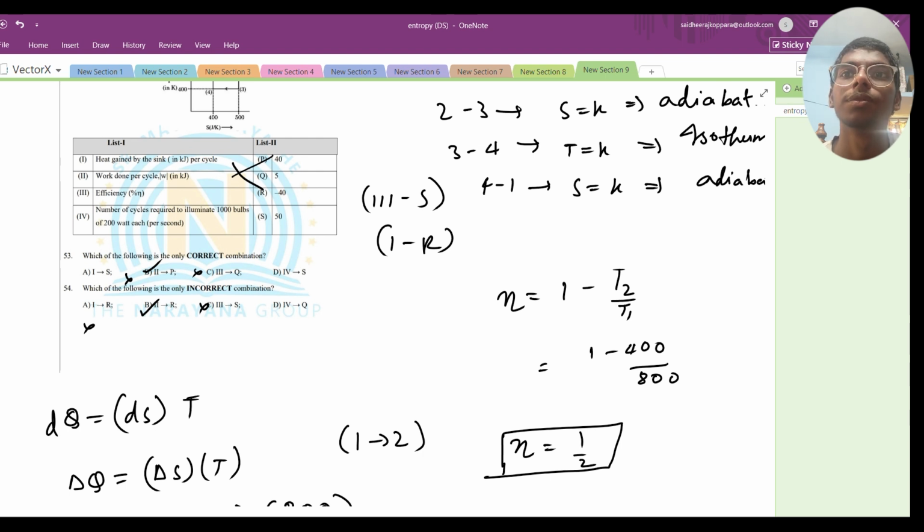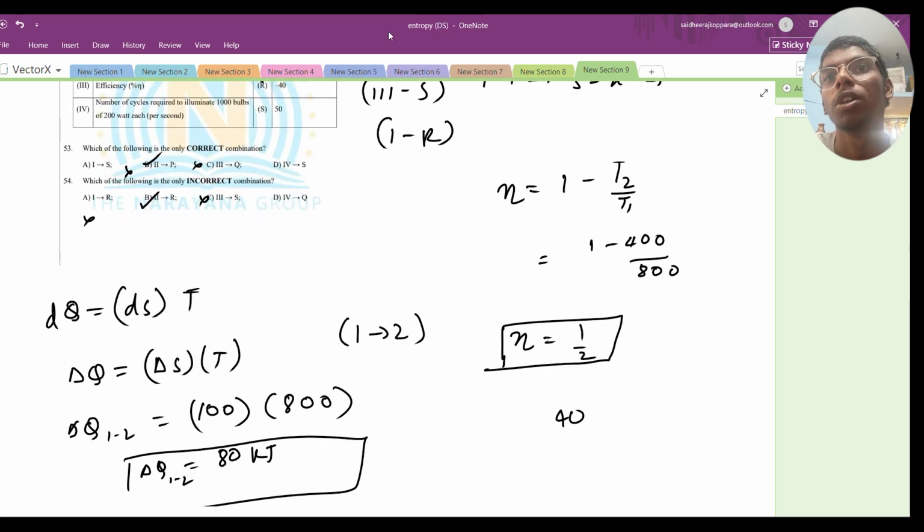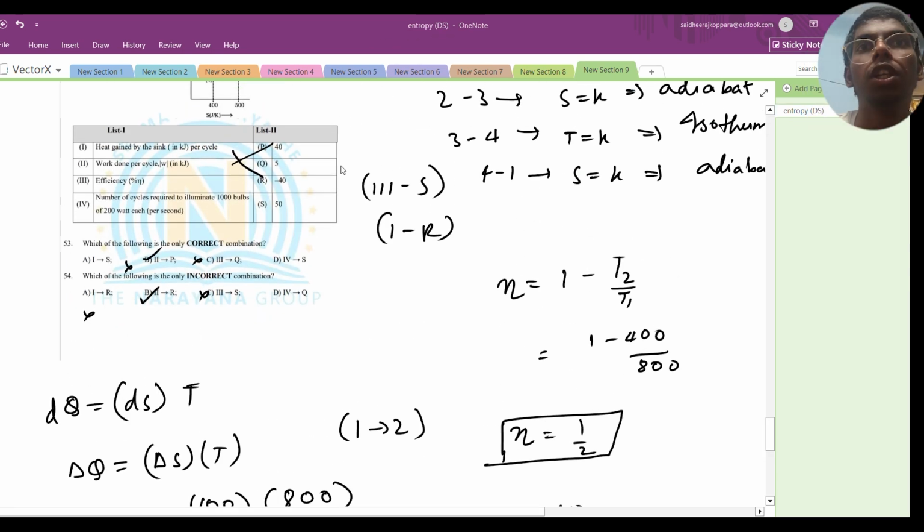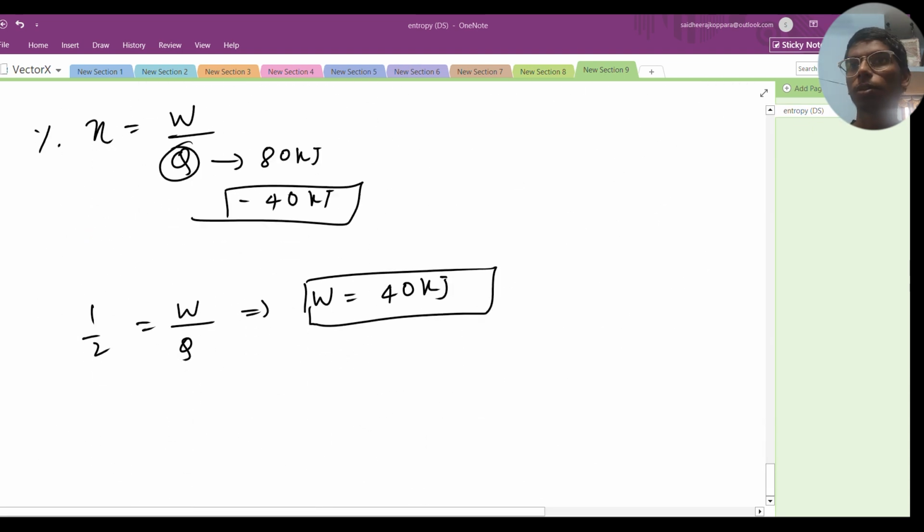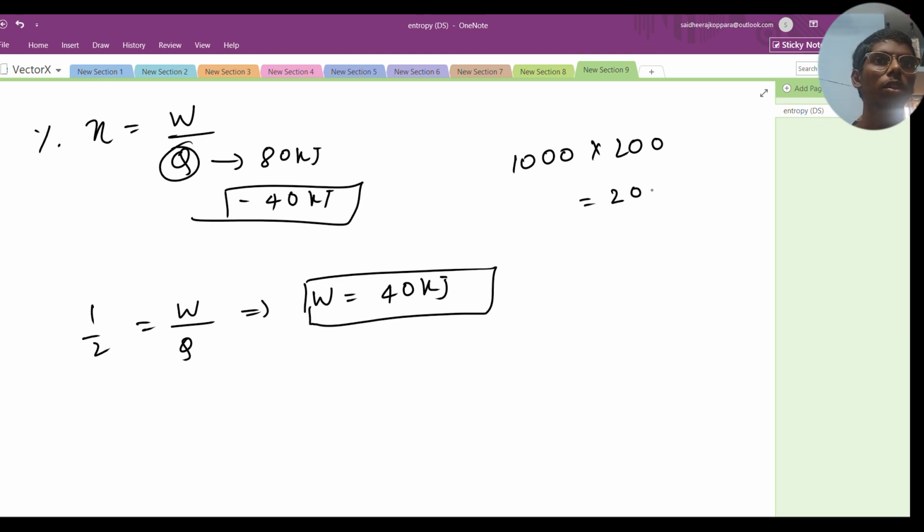And if the number of cycles required to illuminate 1000 bulbs of 200 watt per second. So here in the fourth question, it says the number of cycles required for 1000 bulbs of 200 watt each per second, right? So 1000 bulbs produce the power of this much, right?